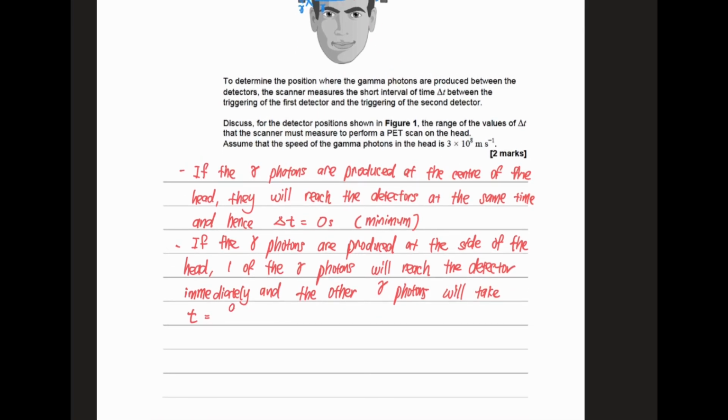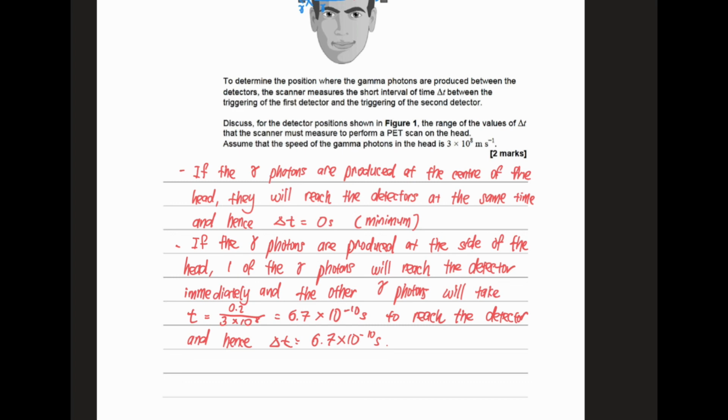Okay, so 0.2 divided by 3 times 10 to the power of 8. So I will get 6.7 times 10 to the power of -10 seconds to reach the detector, and hence delta t equal to 6.7 times 10 to the power of -10 seconds.